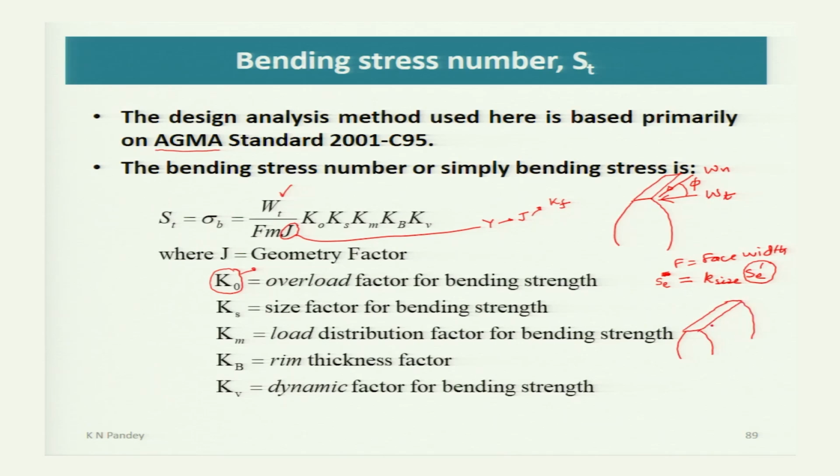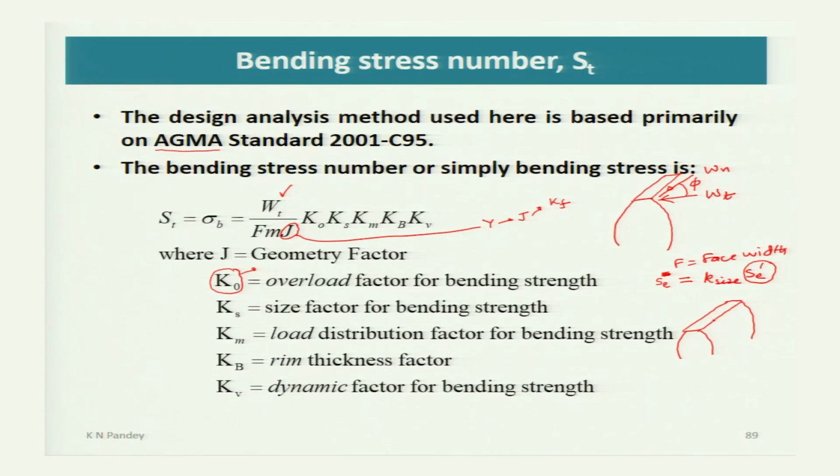All along the width, the load was considered to vary uniformly, but this does not happen under actual loading or working conditions. Due to various defects, that may be called the mounting factor, the load may not be distributed throughout the width. It depends on the length of the width also.